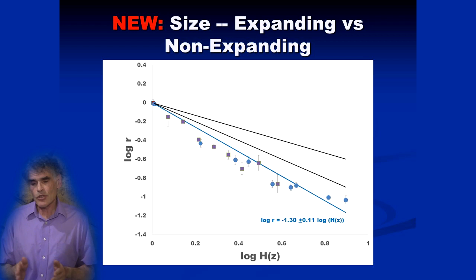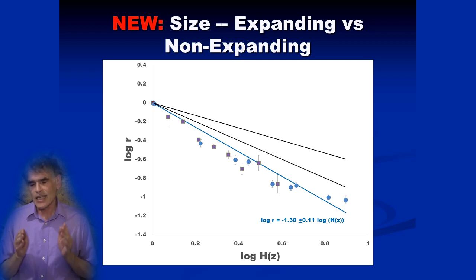And also, as you can tell by eye, it is a terrible fit to the data. Given the statistical errors in these samples, there's about a 1 in 4 million chance that this data actually fits that line. And of course, that's pretty much a 5 sigma result. So it's a terrible fit.